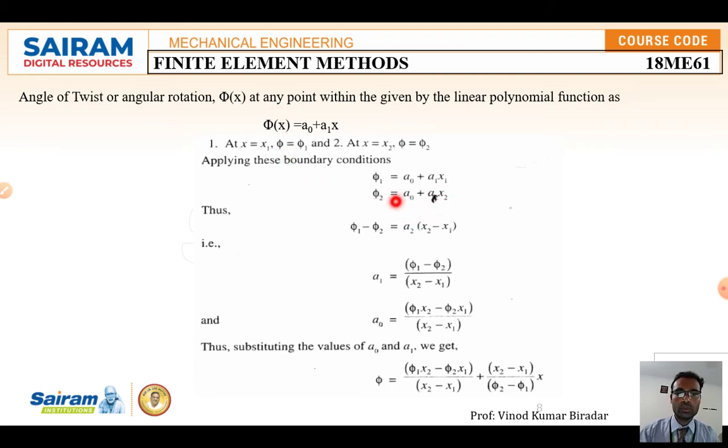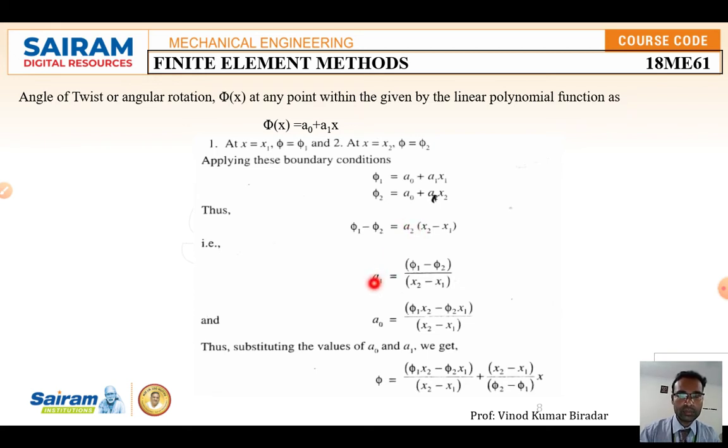Now subtract one equation from the other, that is phi 1 minus phi 2. Here a0 gets cancelled, so what remains is a1 x1 minus a1 x2. This is a1, not a2.